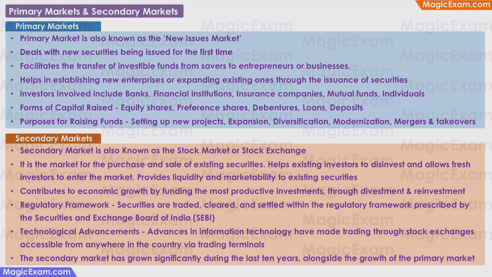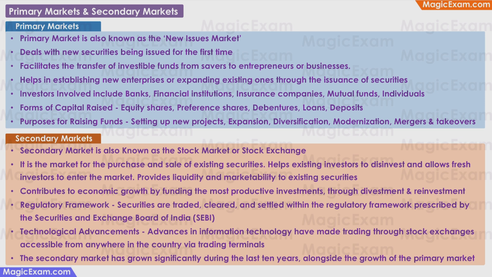It is the marketplace for the purchase and sale of existing securities, helping investors disinvest and allowing new investors to enter the market. This means that investors who acquired the shares or the securities in the primary market can exit by selling them in the secondary markets, and new investors can buy these securities and enter the market.